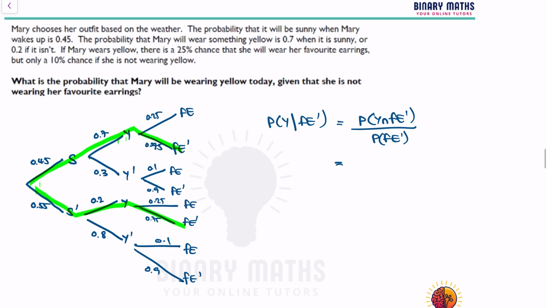So it's going to be 0.45 times 0.7 times 0.75, sorry, plus 0.55 times 0.2 times 0.75.